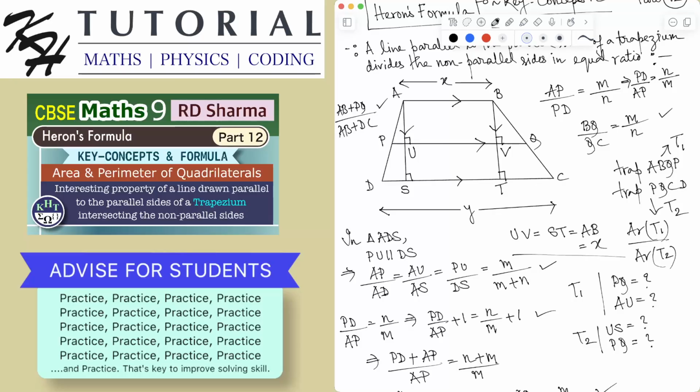PQ is equal to half of DC, y. PQ, so it's the midpoint.